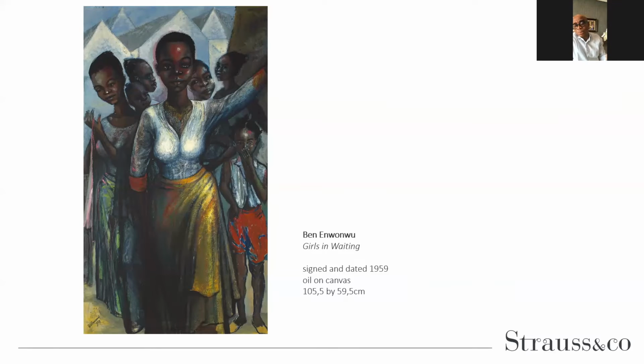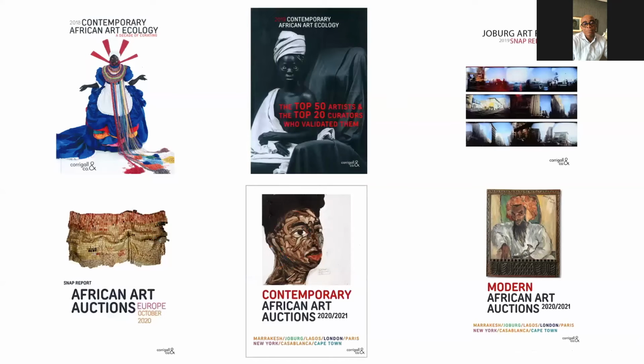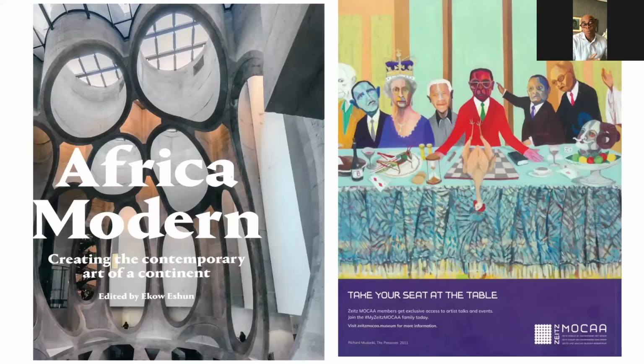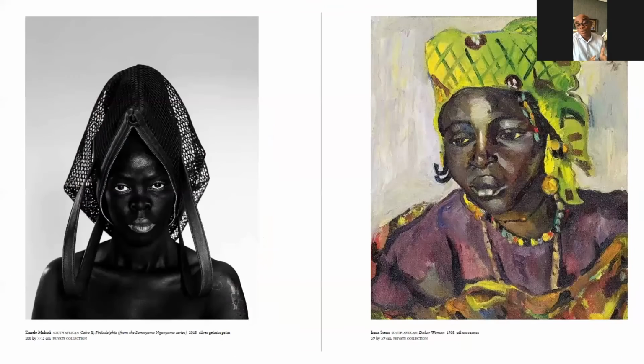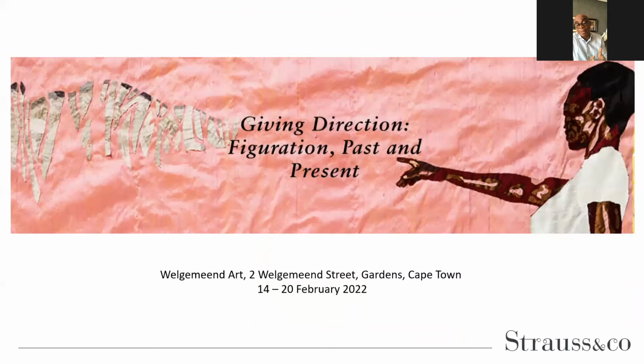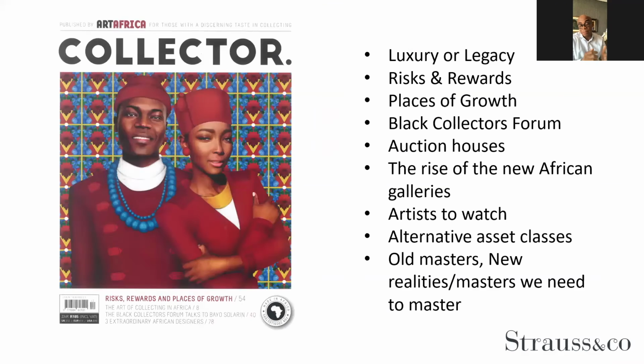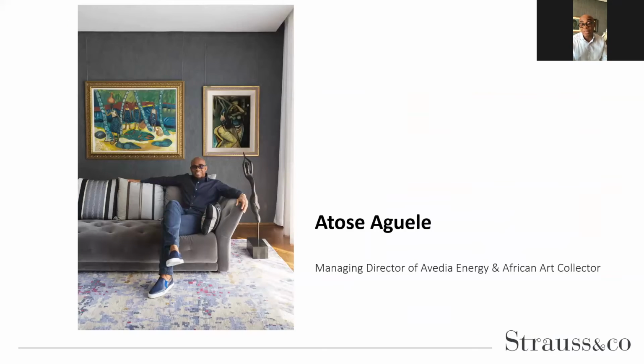1959 was right at the cusp of our independence in Nigeria. The country became independent in 1960. And this piece was basically a representation of the role women played running up to the independence period. As you can see, there's a lady almost opening a curtain to say, we're coming out.